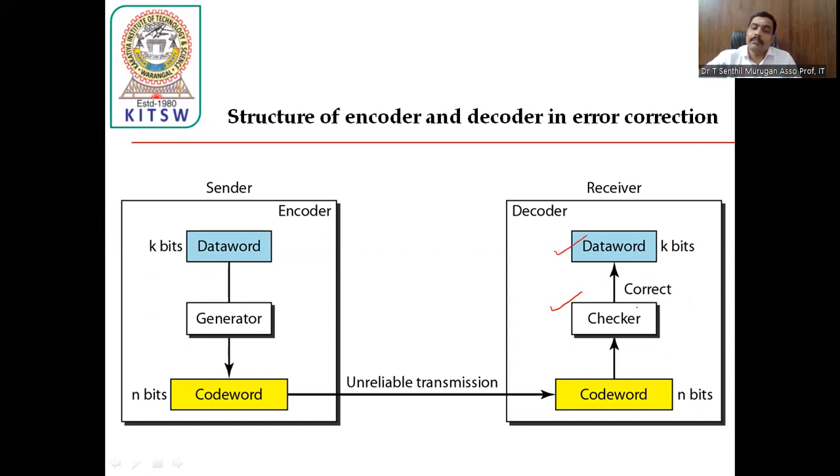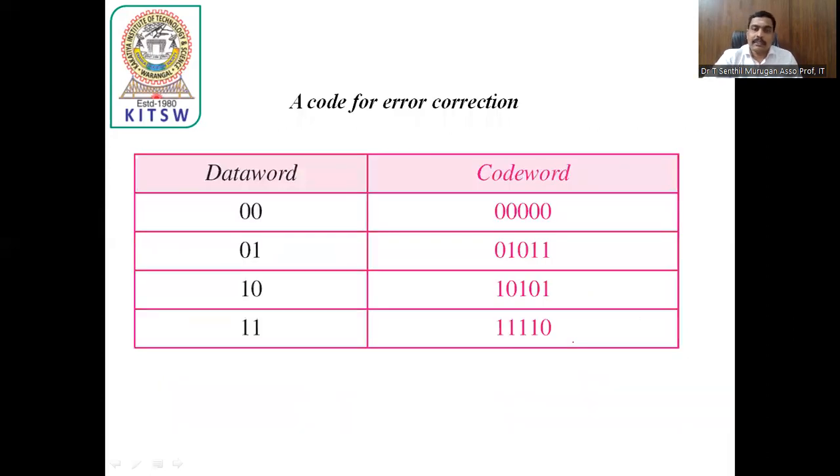But if an error is there, the data is rejected and discarded. Here in correction, the data won't be rejected but will be corrected and converted to data words. That's the main difference between error correction and detection.